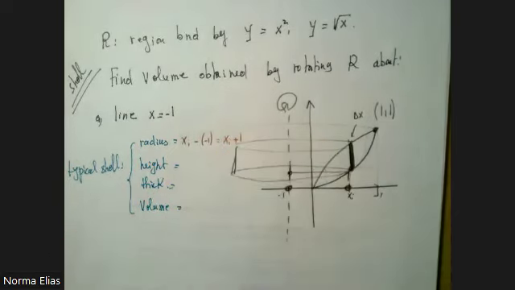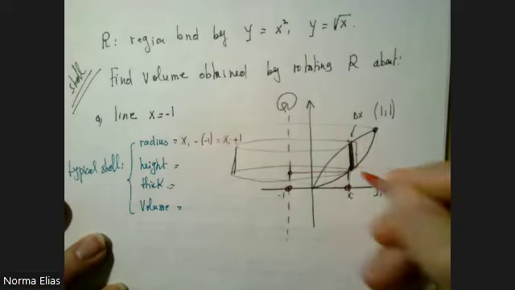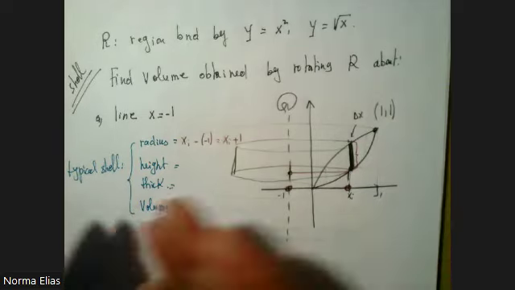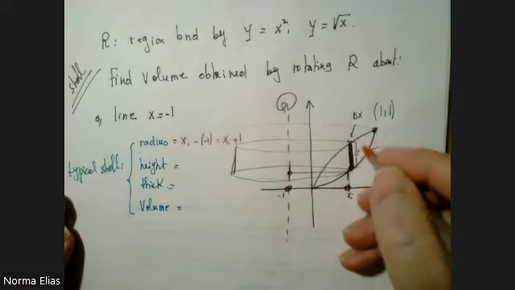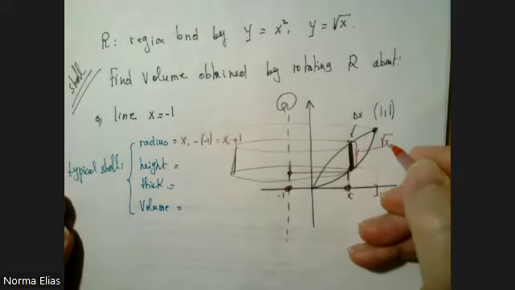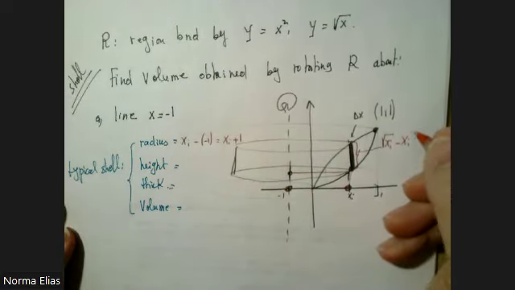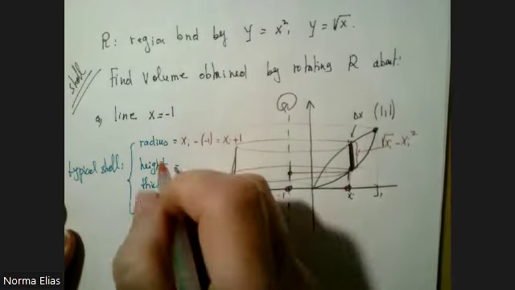So the only thing changing is actually the radius. The height is not changing here. Even if I rotate about the y-axis, the height is the same. It's the upper value, which is the square root of xi, minus the lower value, which is xi squared. So my height is the same.